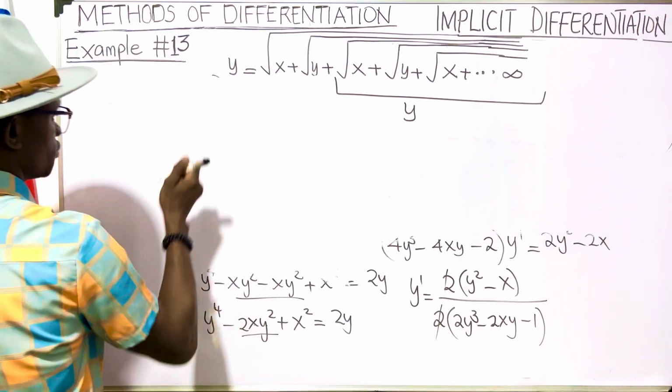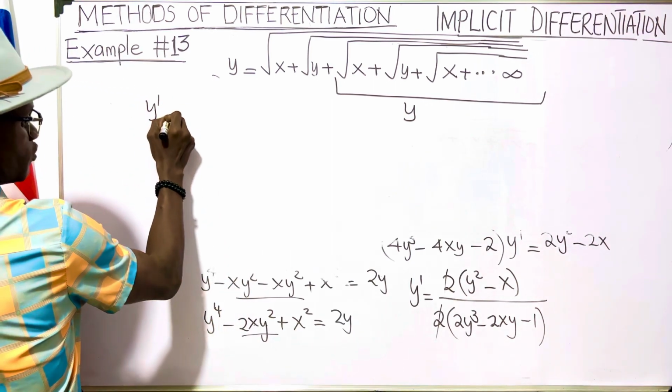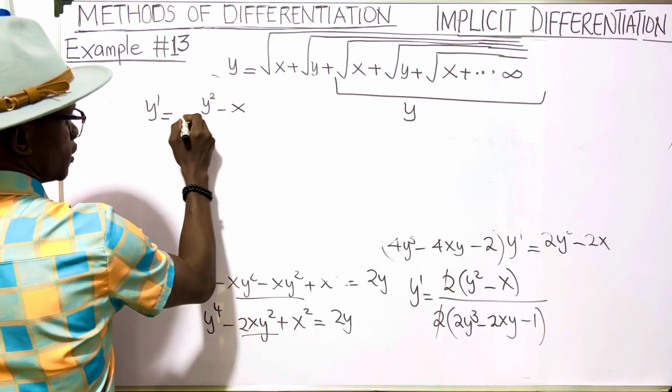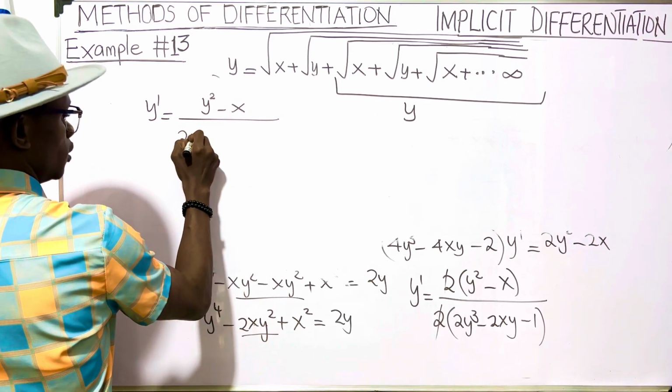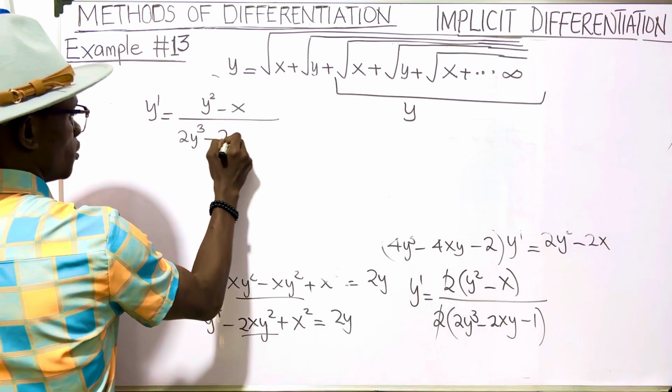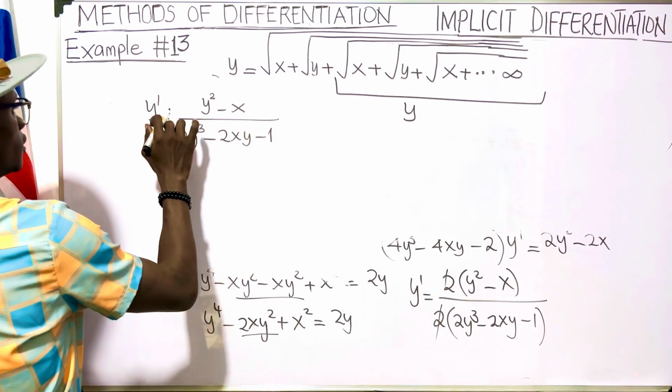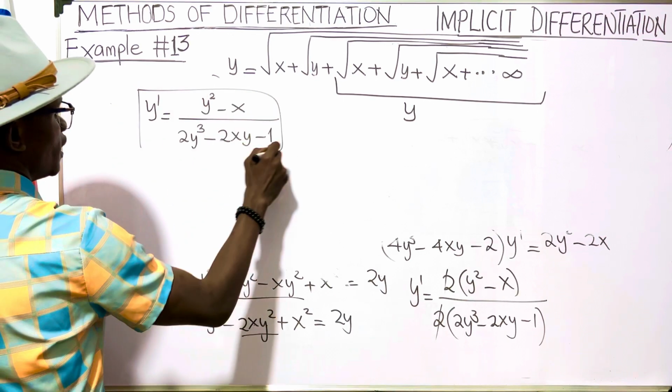We're just going to have y prime equal to y squared minus x all over 2y cubed minus 2xy minus 1. So this is the answer.